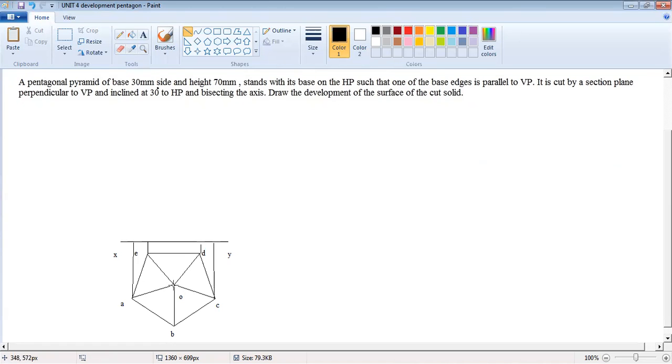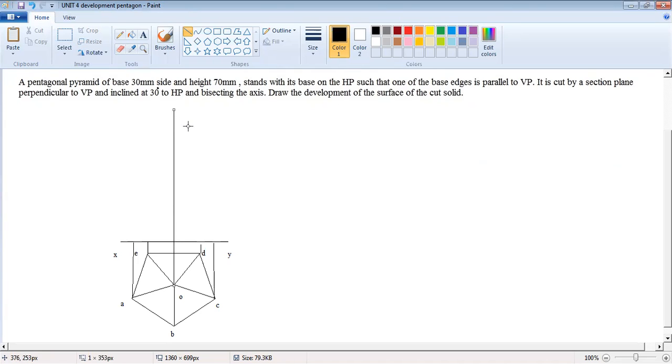And also we have to extend this axis line, the center line, like this.